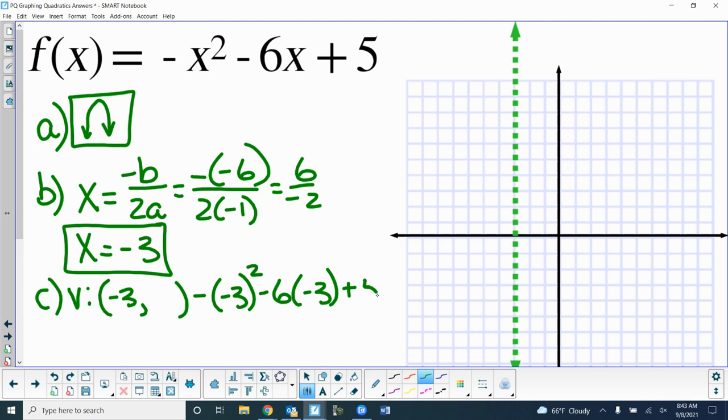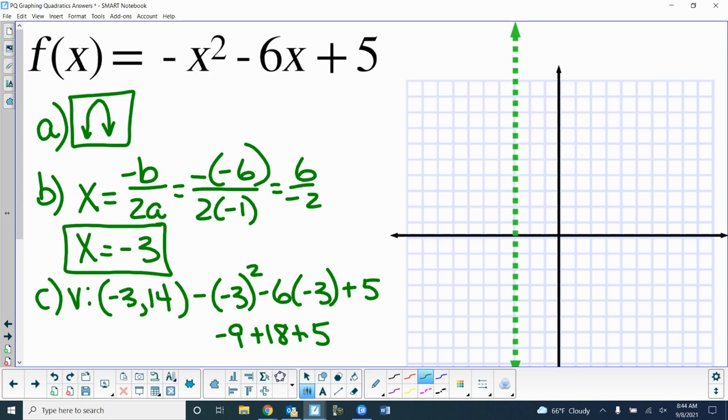Same thing happens here. -3 squared you do first, which is +9, but that negative out front turns it back to -9. -6 times -3 is a +18, and plus 5. So -9 plus 18 is a +9, plus 5 is +14.